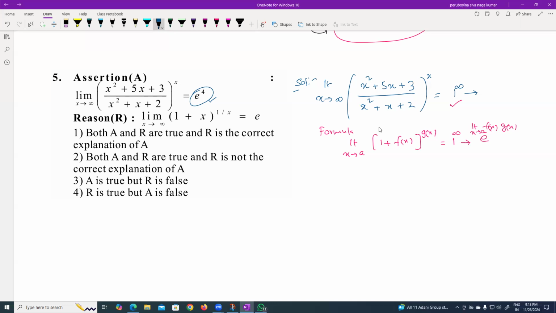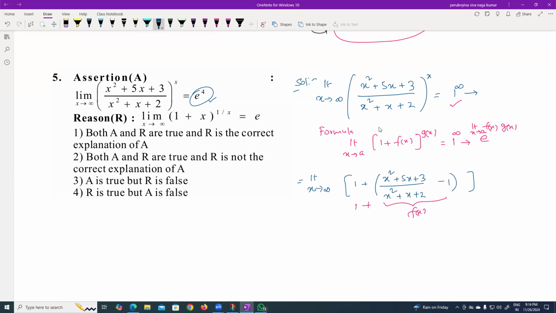add 1 and subtract 1. Okay. So the limit as x tends to infinity, we are adding 1: (x square plus 5x plus 3) divided by (x square plus x plus 2) minus 1. If you observe, this one will be f of x when comparing with the formula. So 1 plus f of x, okay?